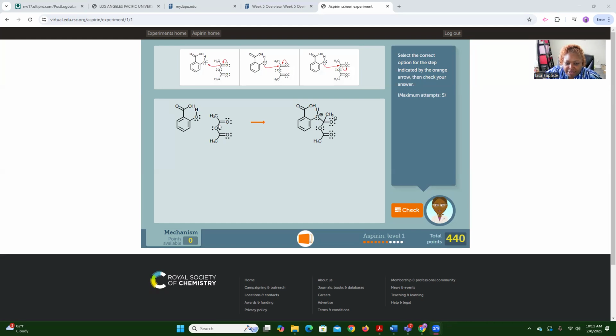But in order to do that, because carbon only wants 4 bonds, and you see it already has 4 bonds, this double bond has to break up. The correct mechanism that shows that is this one. The lone pair of electrons on the oxygen attracts to the carbon, and this double bond of the carbon breaks apart, giving lone pairs on the oxygen. So this would be your choice. Just wanted to give you that pointer.